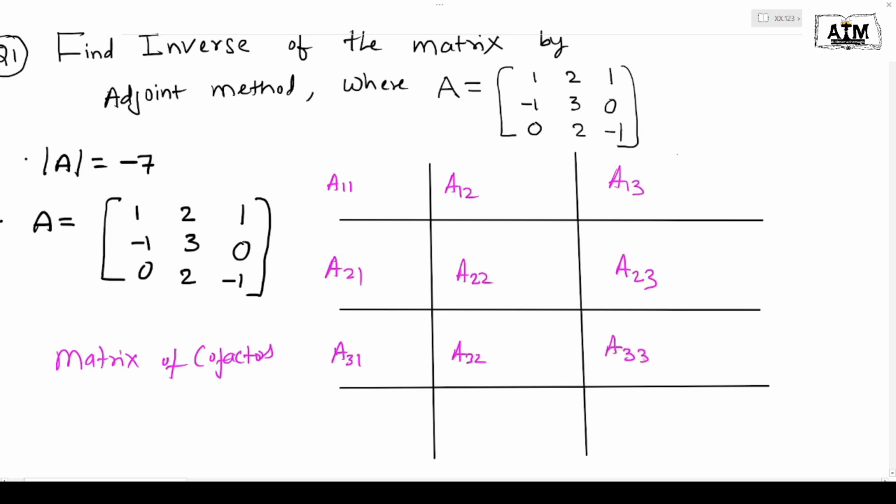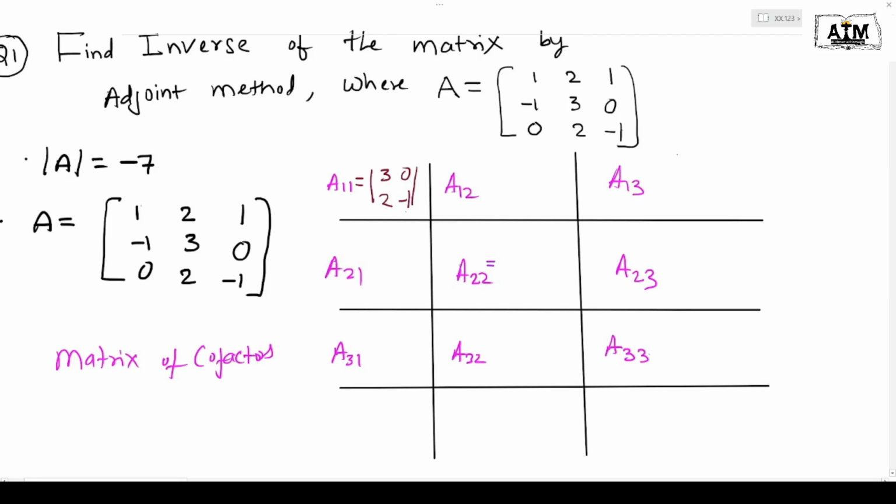How do we find these cofactors? To find the cofactor A11, again the same idea. Delete the row in which A11 is present and delete the column. What do you see? 3, 0, 2, -1.